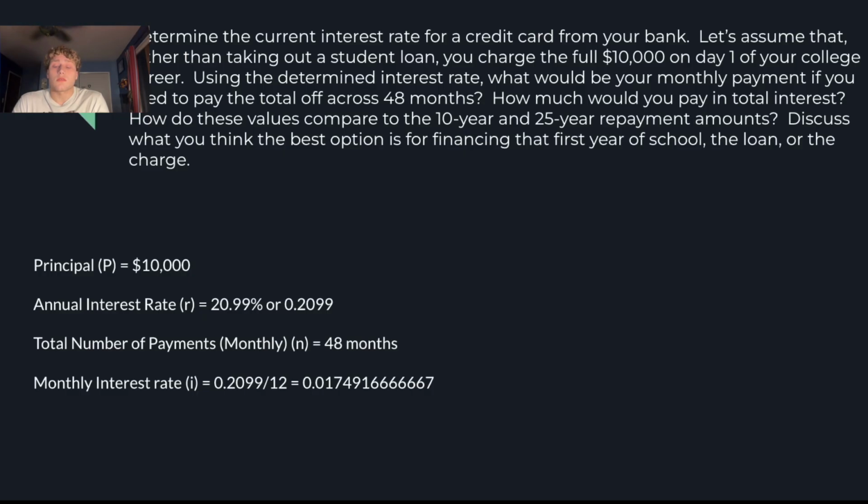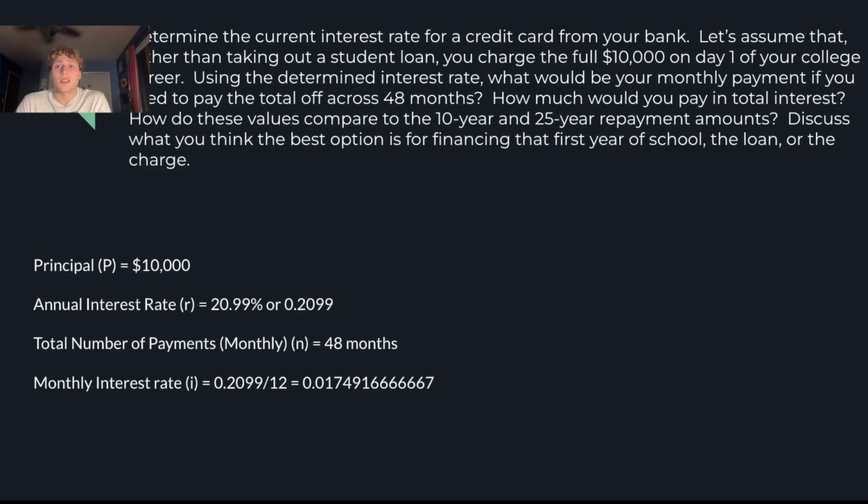So I did some research on my bank, what they charge for their APR. I believe it depended on several factors, but it was between 15.99% and 25.99%. So all I did was take the average of those two numbers and got 20.99% for the annual interest rate, which is 0.2099.